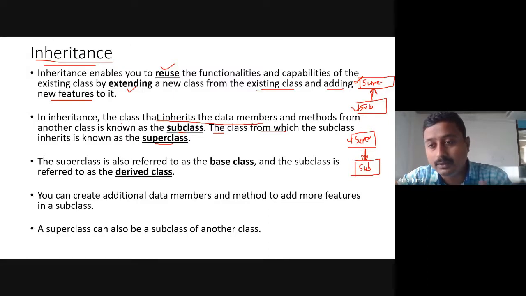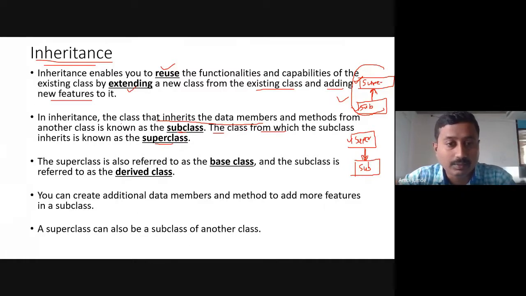But during the explanation you have to explain that diagram. Both notations are fine, and we are going to follow this notation. How to read this diagram one more time? This subclass extends superclass. The class which is inheriting the features is known as the subclass. The class from which it is inheriting is known as the superclass.